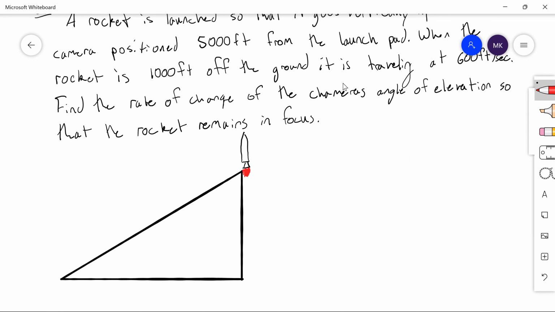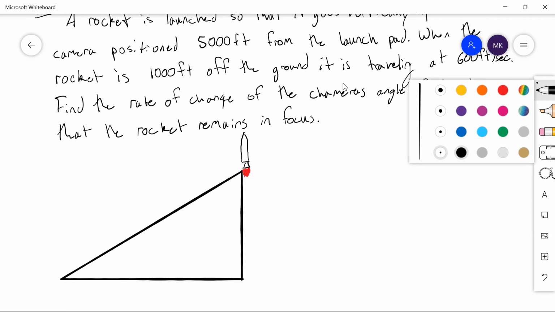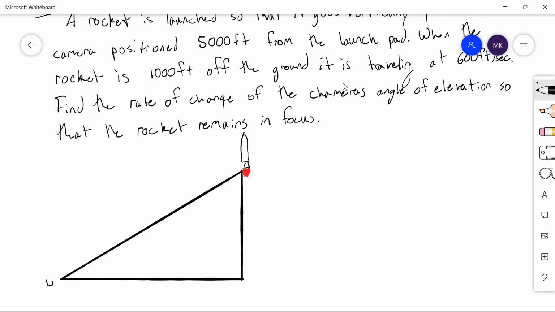Fire. All right. And what we have over here is we have our camera, lens. So we know we're talking about some angle. I know I have some height of the rocket, which is a function of time. This angle is actually a function of time as well. And what else do I know about this triangle? It's 5,000 feet from the launch pad. Right? We know that the camera is 5,000 feet from the launch pad, so the base of this triangle is 5,000. Awesome.